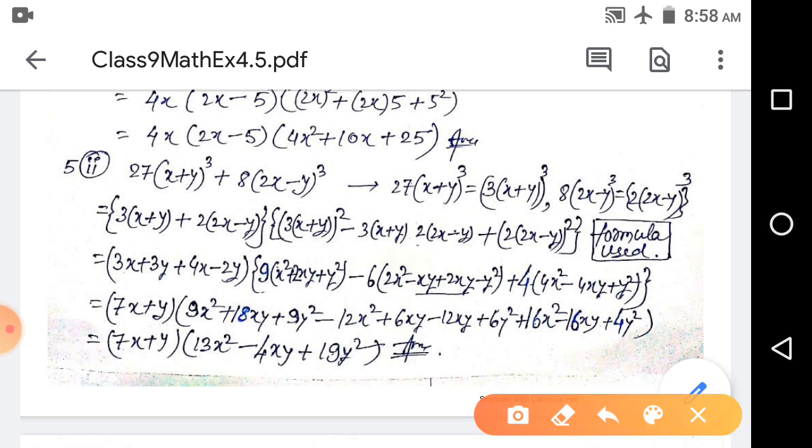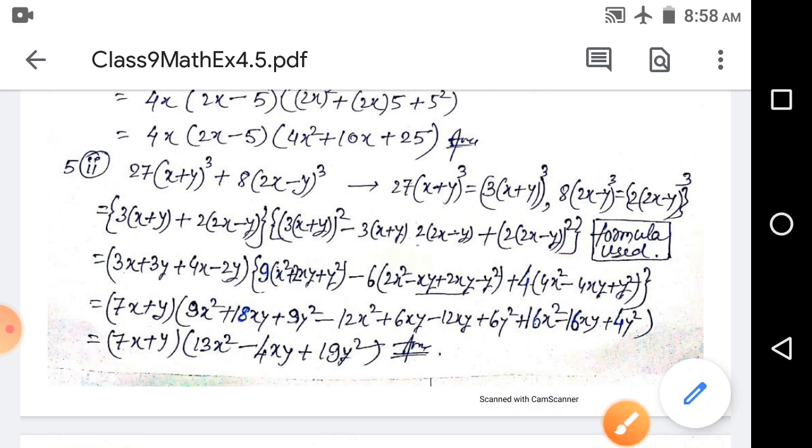Now those two terms (x + y)(2x − y) can be written as x into 2x, it is 2x², x into y it is −xy, y into 2x it is 2xy, and y into y it is −y². After that, here we have 4(2x − y)², so for this 4, and (2x − y)² is 4x² − 4xy + y², because the formula a² − 2ab + b² is used here.